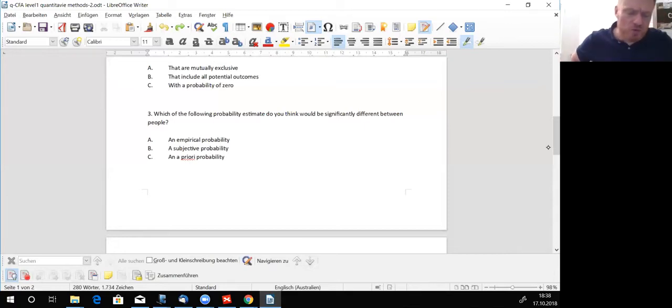This does not hold true for an empirical probability, because different persons could have the same standpoint, they could have done the same testing, the same empirical observation in the last 10 days.